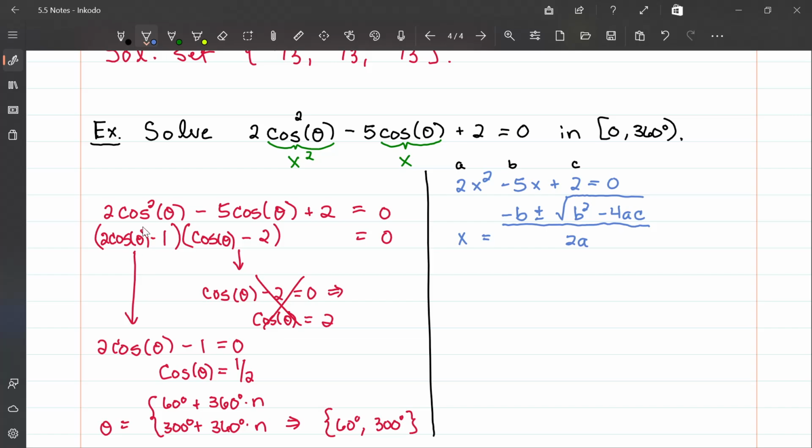We will fill in the gaps in that formula in just a second according to what we've written up above, but it's always given by x equals negative b plus or minus the square root of b squared minus 4ac, and all of this divided by 2a.